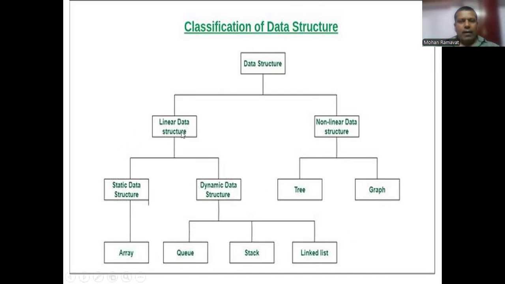In a linear data structure, the data items are arranged in an adjacent manner, side by side. Coming to the static data structure, there is a fixed size. That means the size cannot be altered or changed.